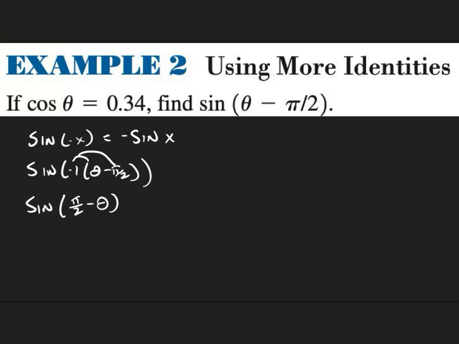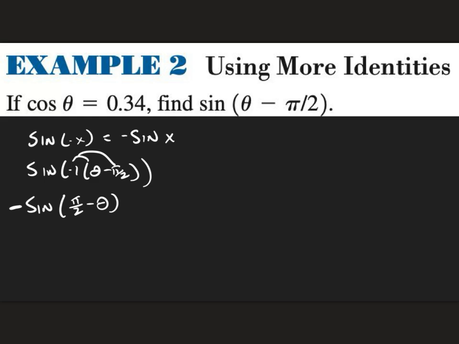And we know that the sine, now the negative doesn't go anywhere, it comes out front, because sine of negative x is negative sine x. The negative switches the two things around, the angle and the pi over 2.